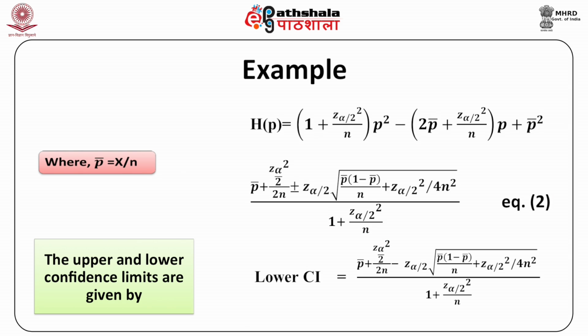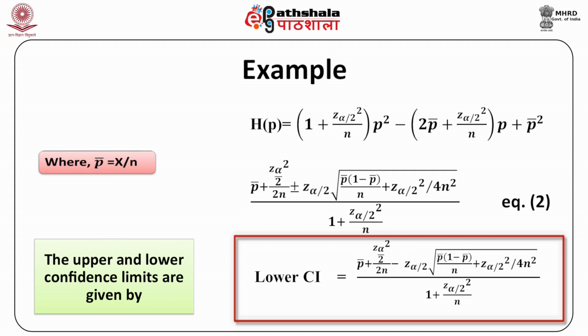Hence, the upper and lower confidence limits are given by the following. The lower confidence limit is equal to p bar plus Z alpha by 2 squared divided by 2n minus Z alpha by 2 times the square root of p bar times (1 minus p bar) divided by n plus Z alpha by 2 squared divided by 4n squared, all over 1 plus Z alpha by 2 squared divided by n.